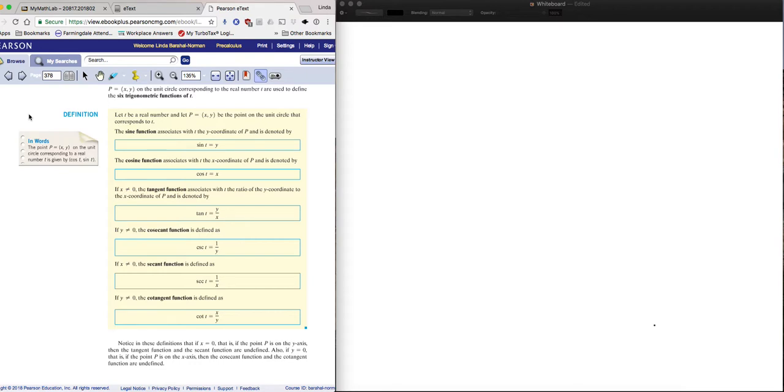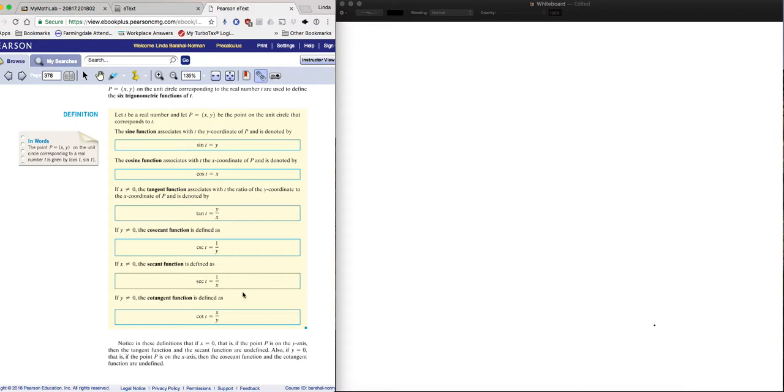Rather than me rewriting them, I'm just going to leave them sit here while I talk. You have t as a real number that sits on that line that is tangent to the circle. We define each of these functions. Now remember, this is a definition. It's not something we're deriving. We define the sine of t to be the y-coordinate. We define the cosine of t to be the x-coordinate.